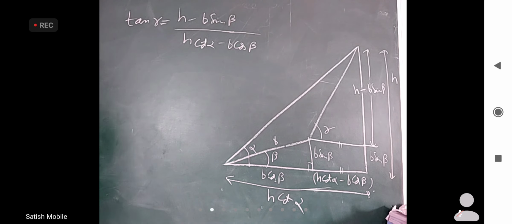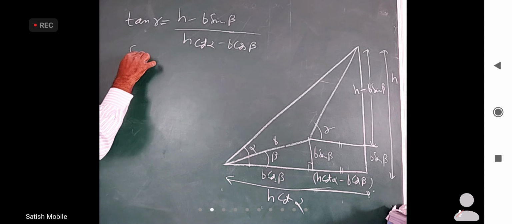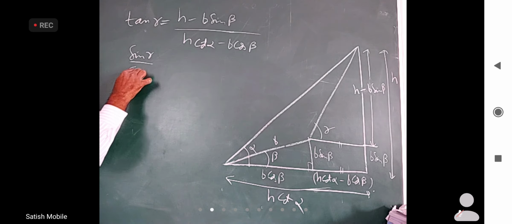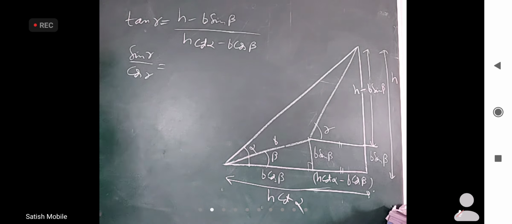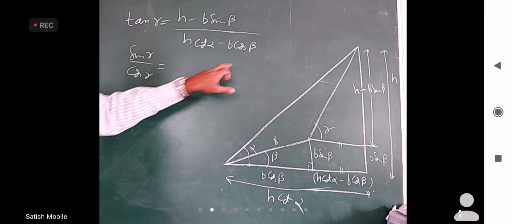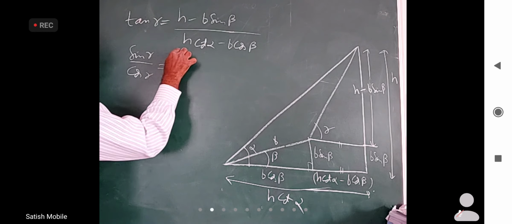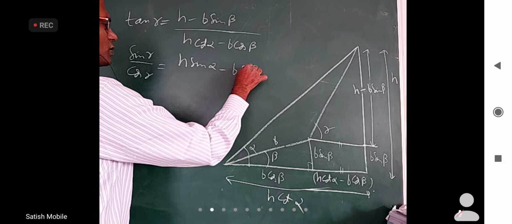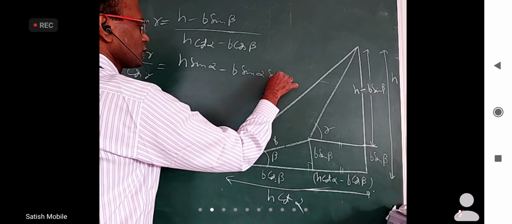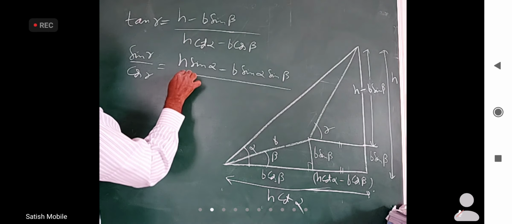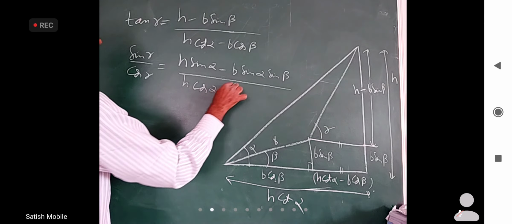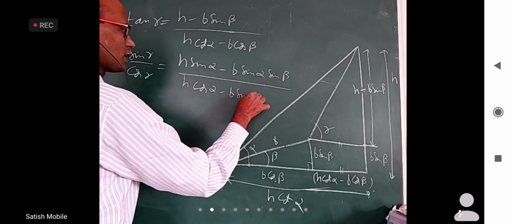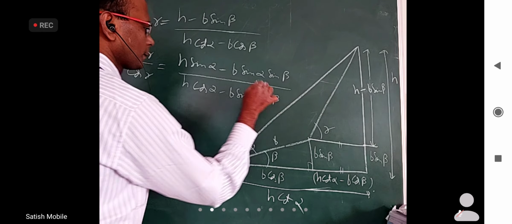Okay. I can convert everything to sine and cos. Tan gamma, I can write sine gamma by cos gamma. Cot alpha, I'll write cos by sine, take LCM, it will go up. I'll directly write h sine alpha minus b sine alpha sine beta by h cos alpha minus b sine alpha cos beta.